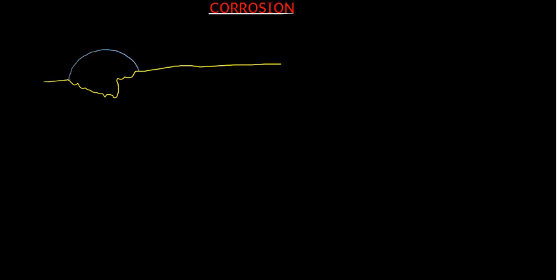So let's say this is a water droplet. So this is what you are referring to as the anodic region. And why refer to it as the anodic region? Remember, when we are talking about a galvanic cell, the anode is where oxidation happens.